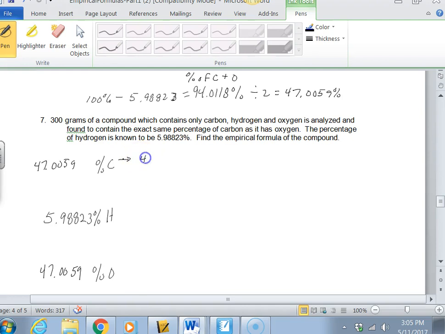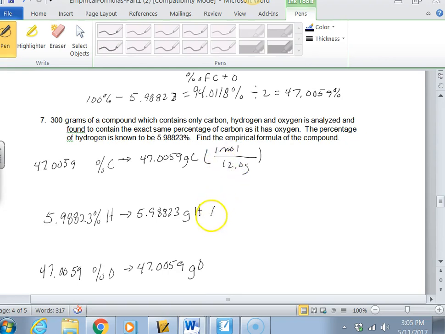Our next step, convert to mass. So this is going to be 47.0059 grams of carbon, 5.98823 grams of hydrogen, and 47.0059 grams of oxygen. Convert mass to moles. 1 mole, 12 grams. 1 mole, 1.01 grams.